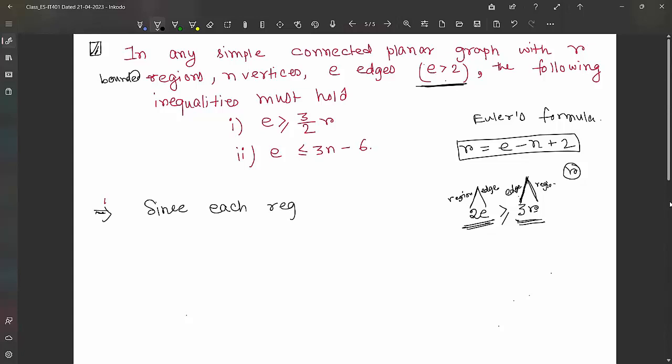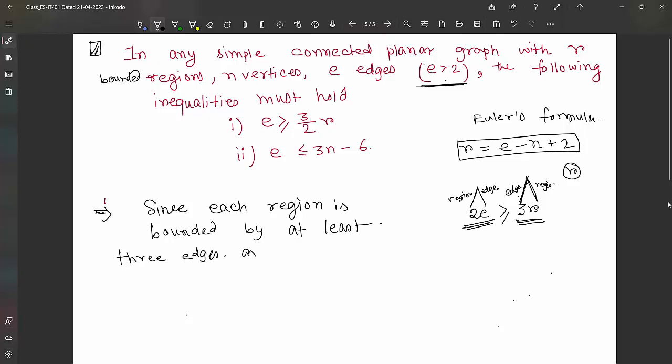Since each region is bounded by at least 3 edges, except the infinite region, because it has an infinite number of edges and there is no bound, and each edge belongs to exactly 2 regions, that is 2e.